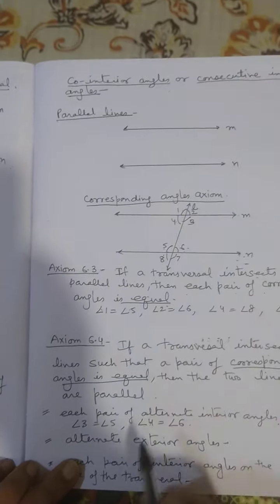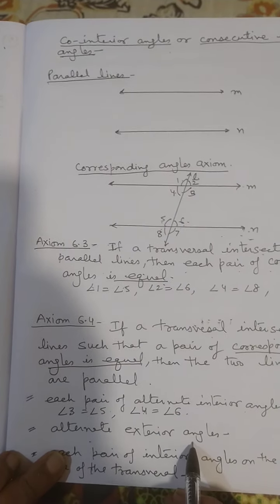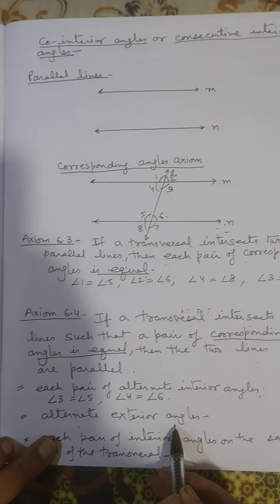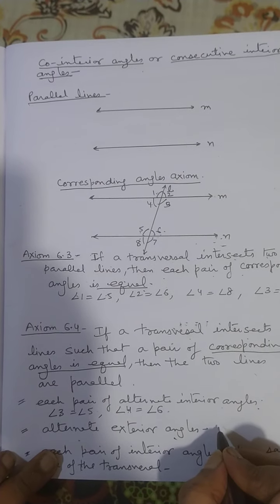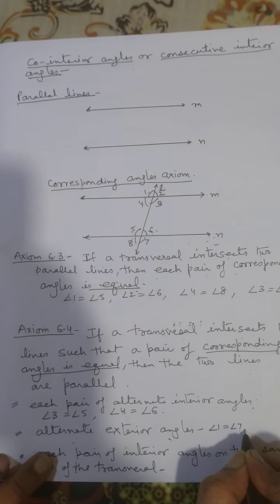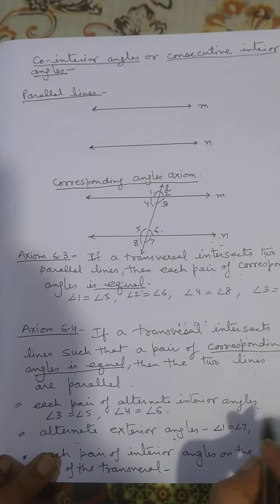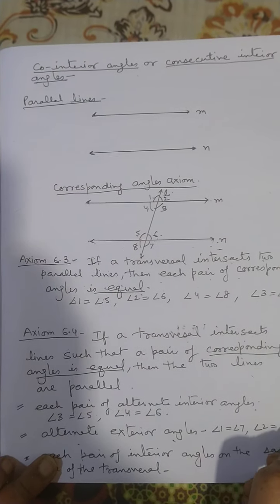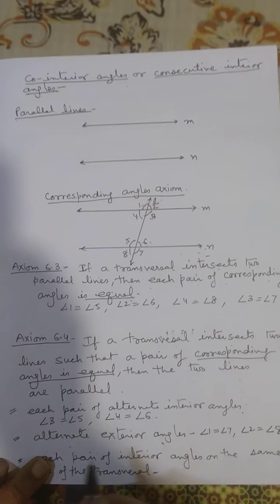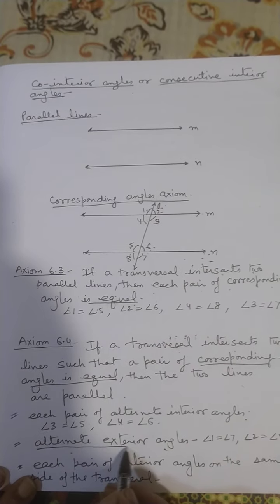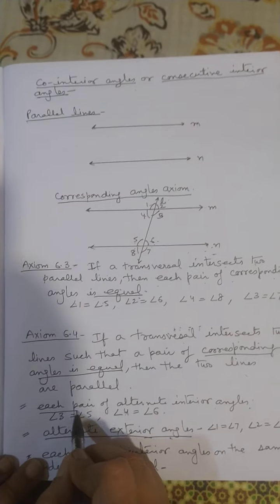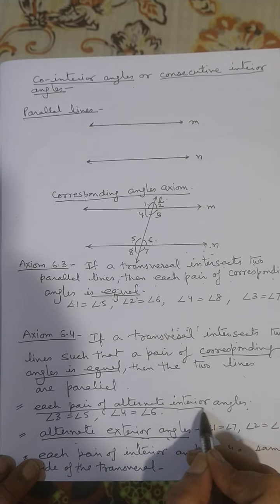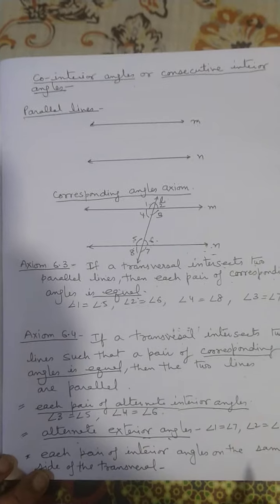And the second thing, alternate exterior angles are also equal when the lines are parallel. That is angle 1 equals angle 7 and angle 2 equals angle 8.